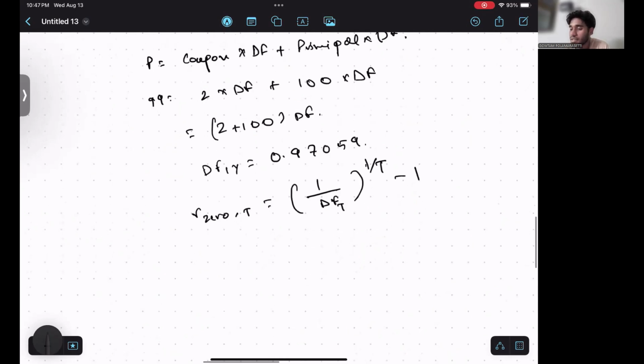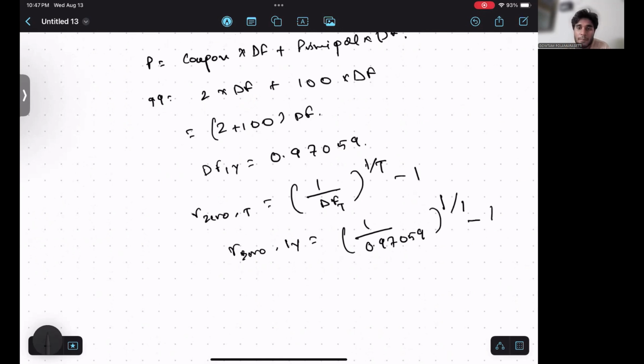So here R0 at time 1 year is equal to (1 / 0.97059) to the power of 1/1, minus 1, which will be equal to somewhere around 3.03%.